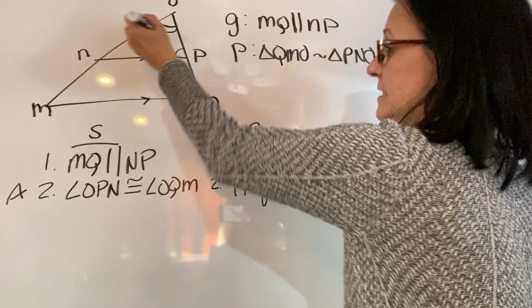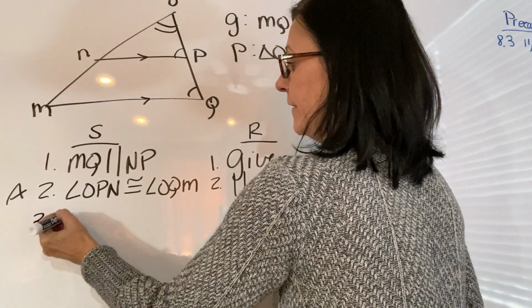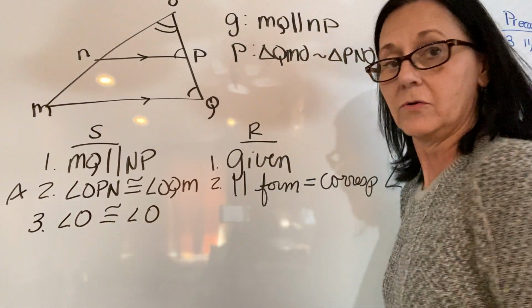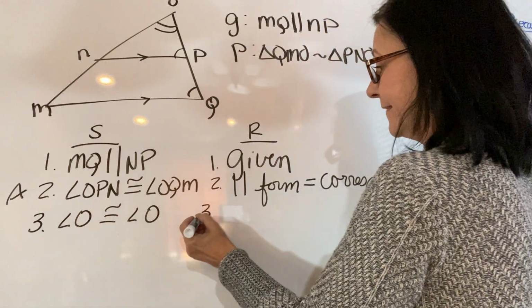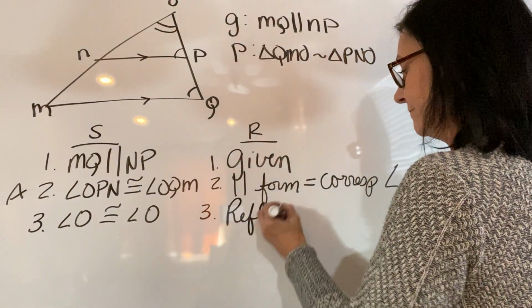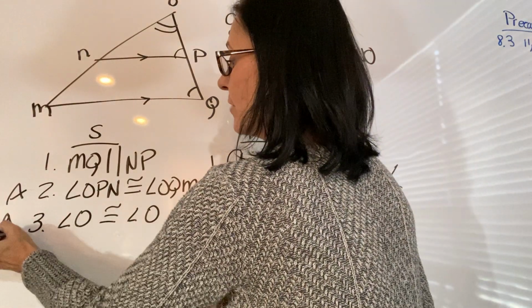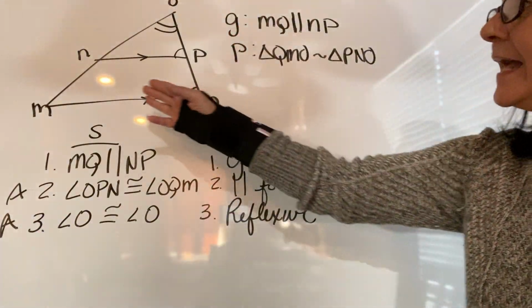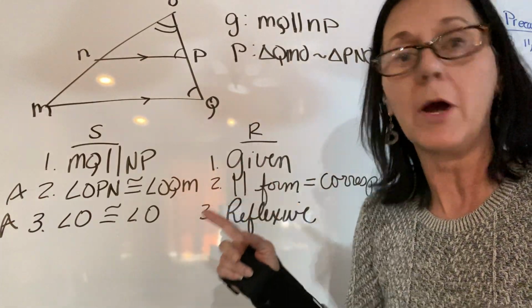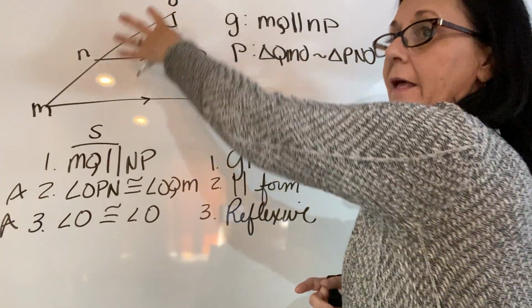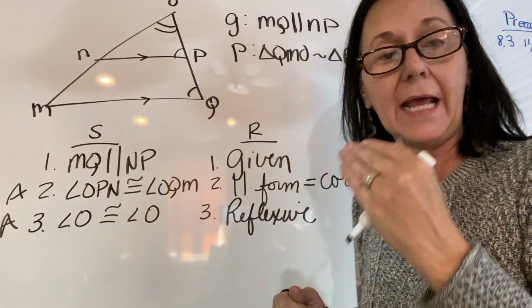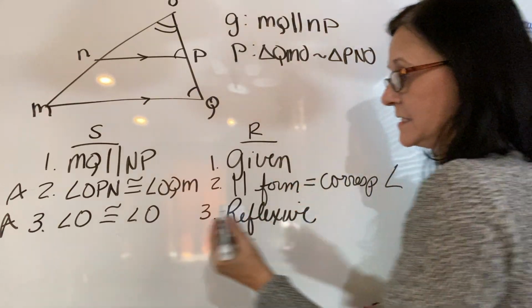So I'm going to say that angle O is congruent to angle O. And you already know it, it's reflexive. Now I have two angles. I could have said M equals N, but I want you to see that O is in both the triangle on the top and the whole triangle. So you can always use that common angle that's in both of them and just say reflexive.